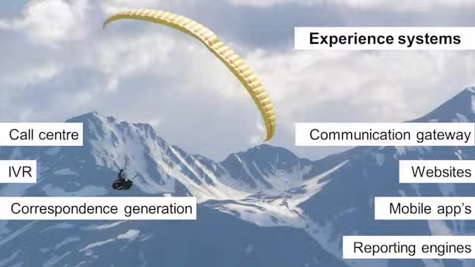So you need to have this core modern capability as a starting point, and then we wrap things around it. Primarily these are experience systems, and I use that term to encapsulate quite a few different pieces here, and you see it on the slides. It's your call centre, your IVR systems, the tools that generate correspondence, whether it's printed correspondence, SMS, email, whether you issue one piece of correspondence that's the same for everybody, or whether you slice and dice it in terms of look and feel and content based on the different segments that you deal with.